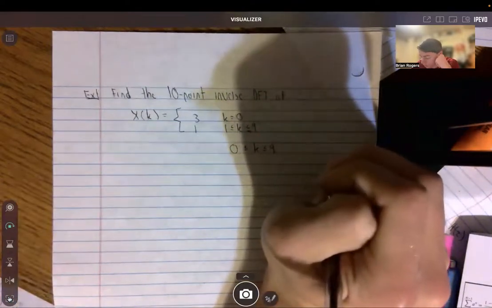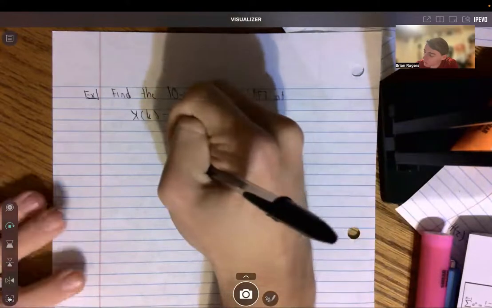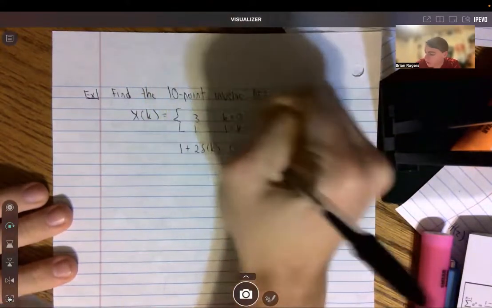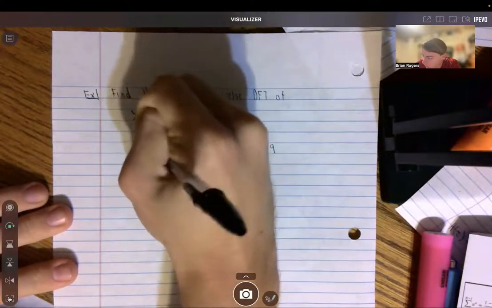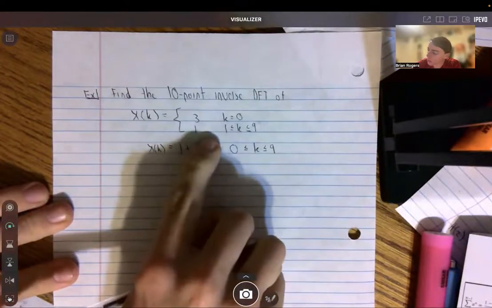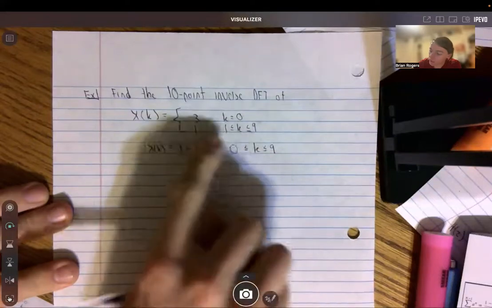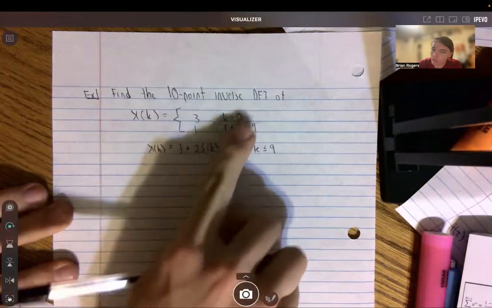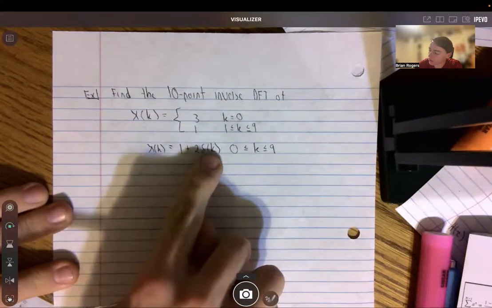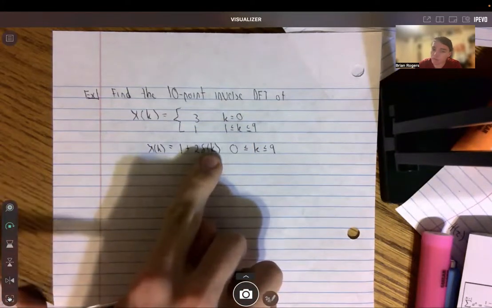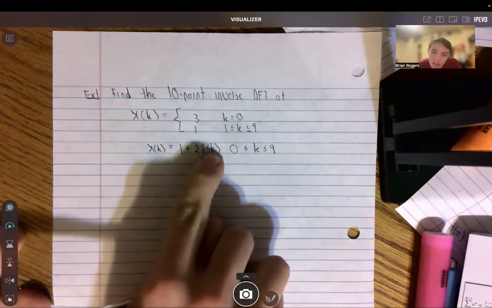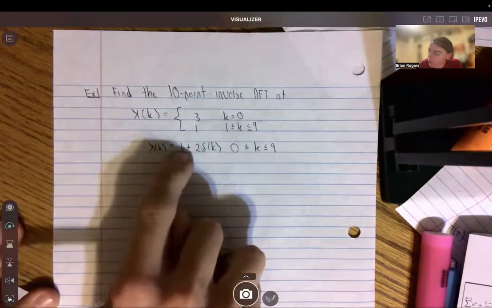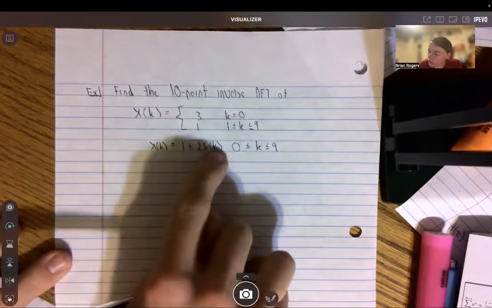It's definitely 1 plus 2 delta k, because x of k is 1 from 0 to 9. It definitely has the value of 1, but there's an additional plus 2 at k equals 0. So only at time step 0, where k minus 0 is 0, it's going to add a 2. But otherwise, it's just 1. So at time step 1, it's just 1 because the delta is 0.